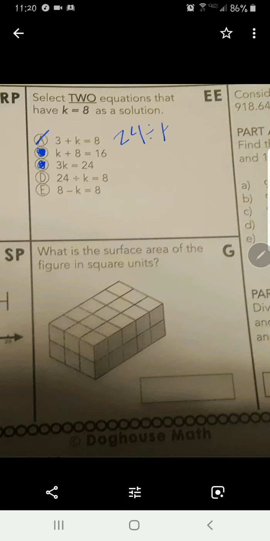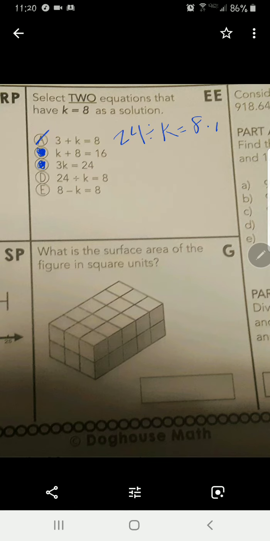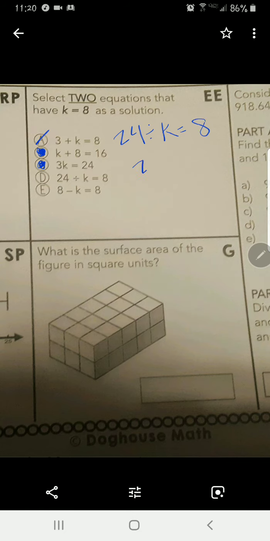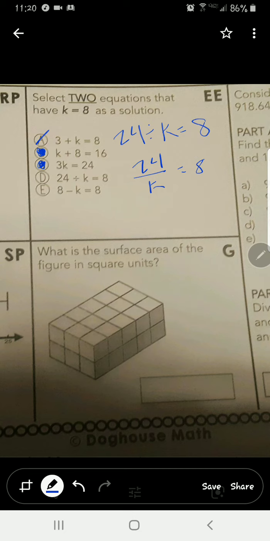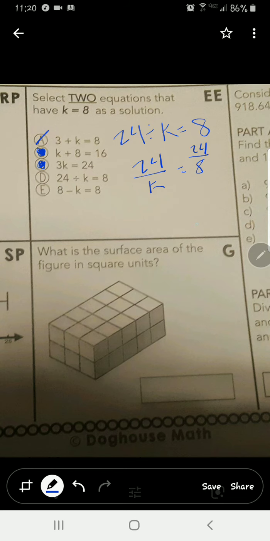Like good test taking habits. So the inverse of that one would be to divide 24 by 8, because this would be like 24 over k. So it would also be 24 over 8, because 24 is not the thing being divided by.